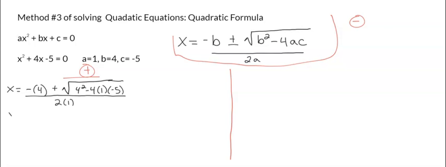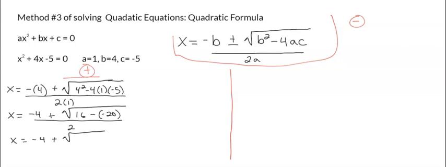Okay? X is equal to, this is simply negative 4 plus the square root of 4 squared, which is just simply 16 minus negative 20, over 2. And just simplifying that further, x is equal to negative 4 plus the square root of 16 minus negative 20, which is actually plus, so it's actually 36 over 2.